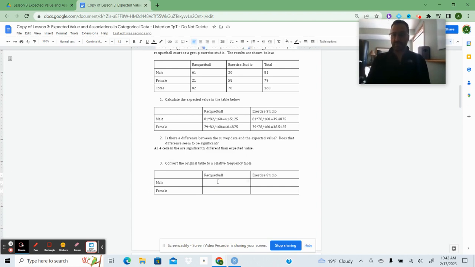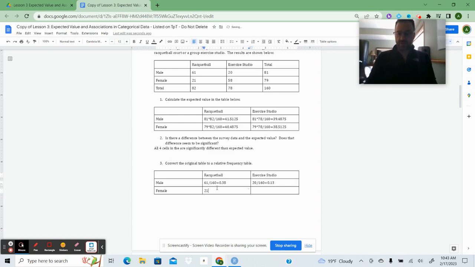So now we're going to practice a frequency table. So to do this, we just do 61 for males that like racquetball divided by the grand total of 160. So 61 divided by 160 gives us 0.38125. I'm just going to round that to 2 decimal spots, so 0.38. And then for exercise studio, it's 20 divided by 160. And that gives us 0.125 or 0.13.